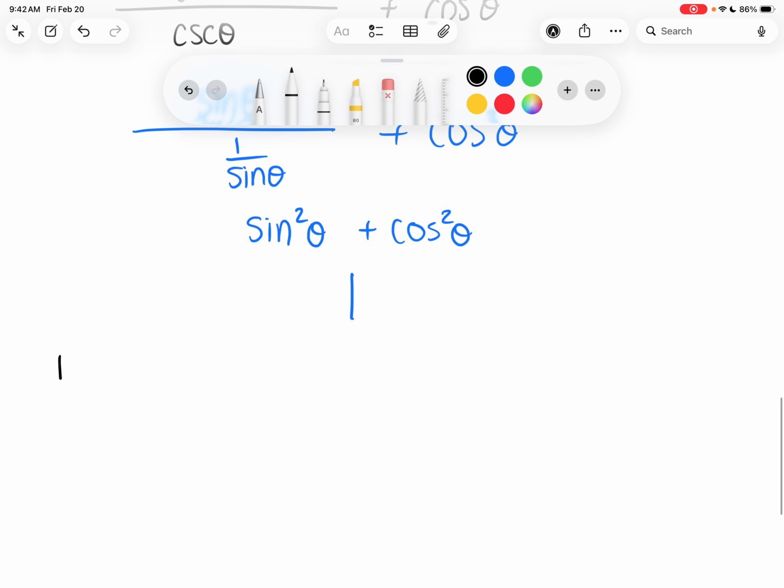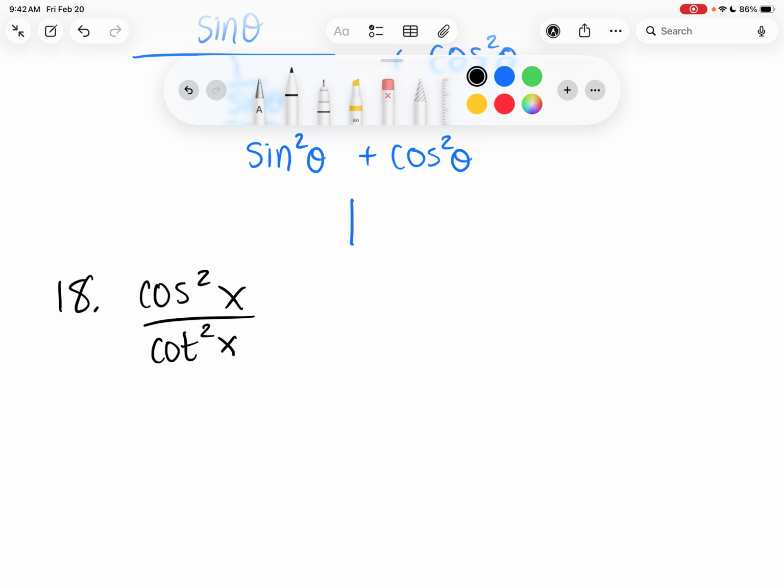18. Cosine squared of x over cotangent squared of x. Oh, that's it. I don't like how I wrote that. So, what here can be rewritten?